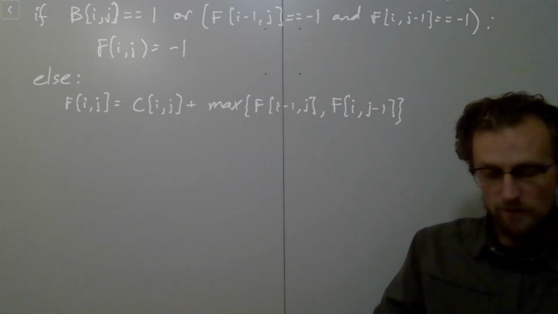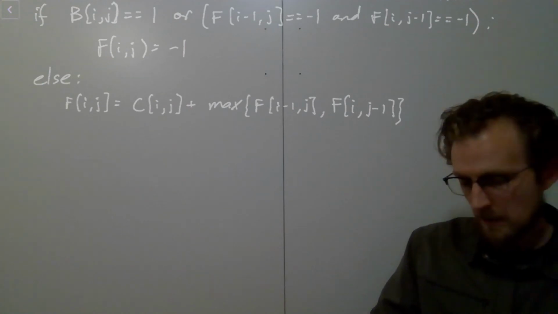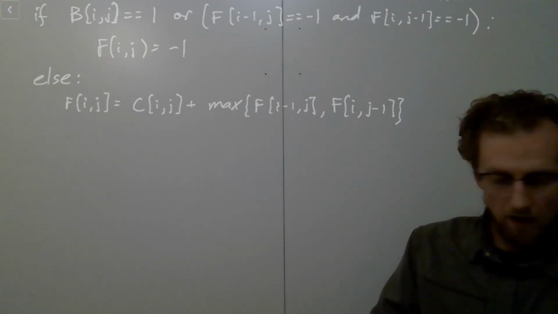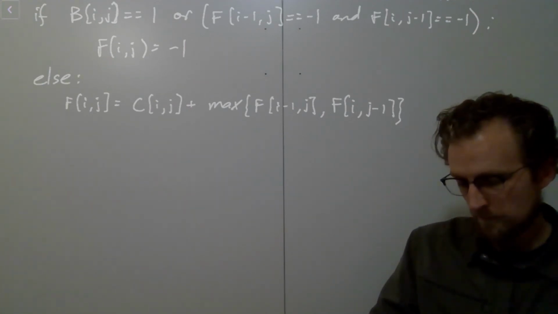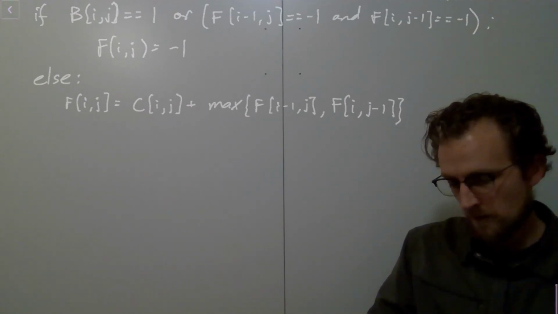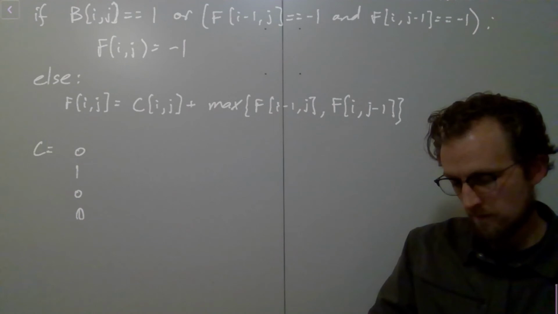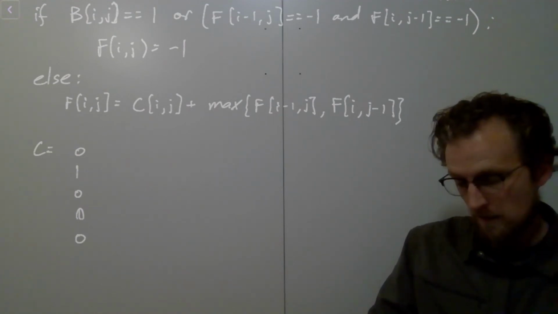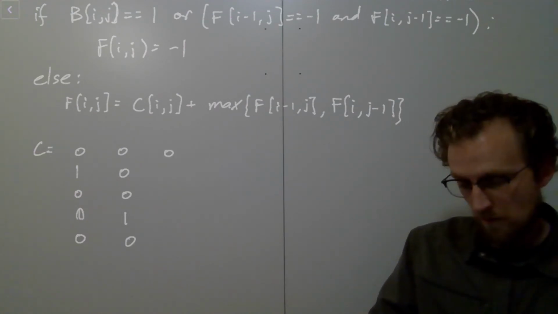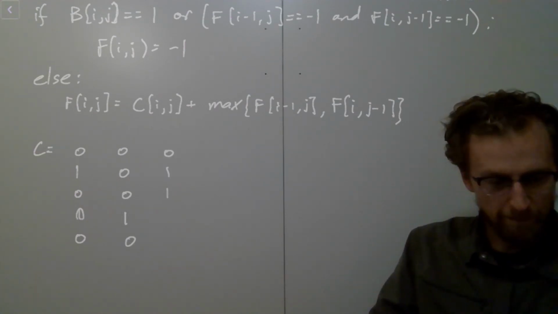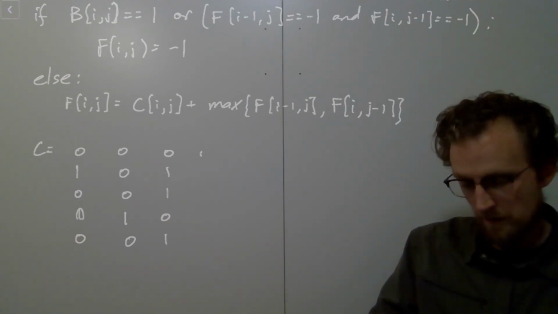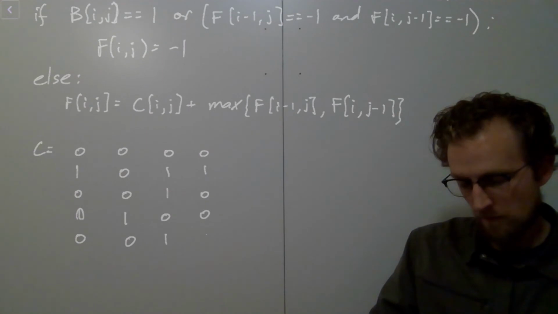All right. So now let's actually run this thing. So let's say here's our grid. So C is going to be the same coins: 0, 0, 0, 1, 0, 0, 1, 1, 0, 1, 0, 1, 0, 0, 1.